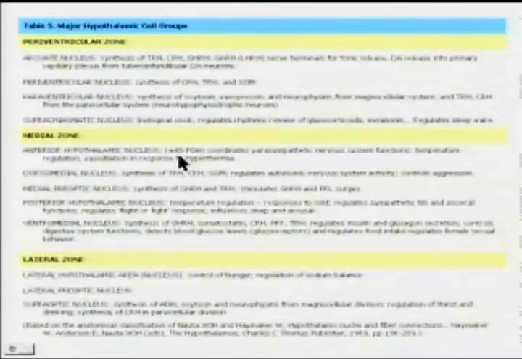Of course, it is in the rostralmost portion in front of the optic nerve and optic chiasm, obviously, in the medial zone. And then if we were in that area and moved medially, we would find the medial preoptic nucleus. And then if we went much farther laterally, we would find the lateral preoptic nucleus.